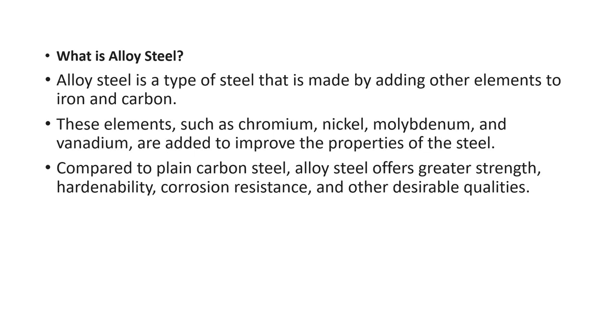Compared to plain carbon steel, alloy steel offers greater strength, hardenability, corrosion resistance and other desirable qualities. Before adding these other elements, the main base is carbon and iron, and if the carbon percentage is less than 2% and the base is only carbon and iron, this steel is called plain carbon steel. Again, there are three types of plain carbon steel: low carbon, medium carbon and high carbon.